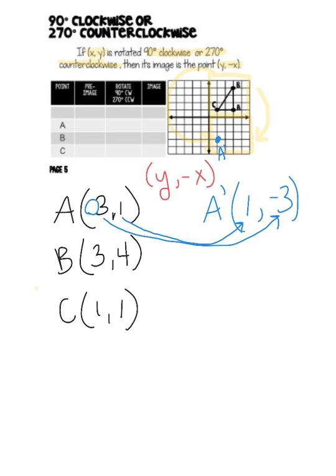Okay, let's look at B. So B prime becomes (4, negative 3). You plot this at 1, 2, 3, 4, and down 1, 2, 3. There's B prime. And lastly, this is point C. C prime becomes (1, negative 1).